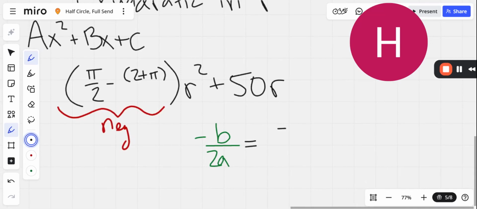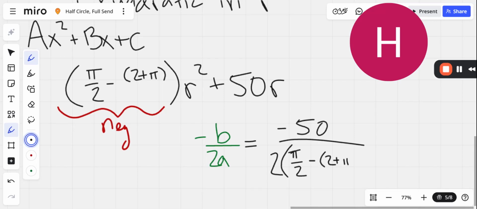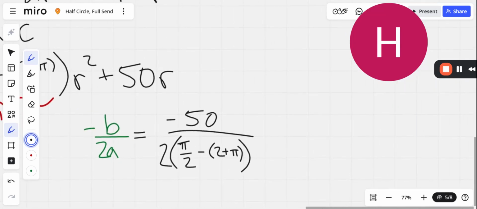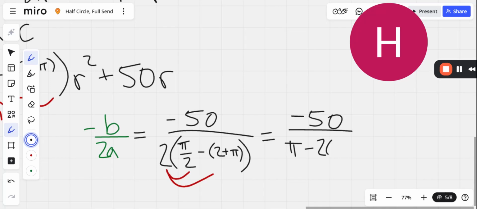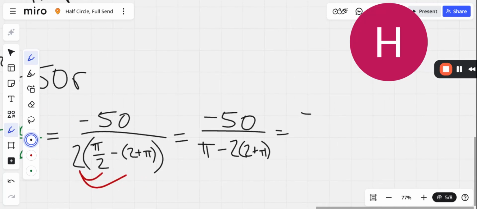We'll see. Negative 50 over 2 times the quantity pi over 2 minus 2 plus pi. Yeah, that's actually very doable. So we're going to have negative 50. And when we distribute the 2, it just cancels under the pi. So we have pi minus 2 times 2 plus pi. And believe it or not, that works out with a little bit of fidgeting.